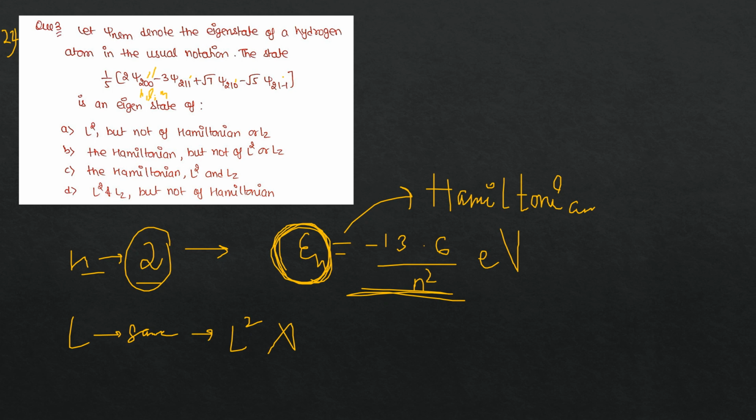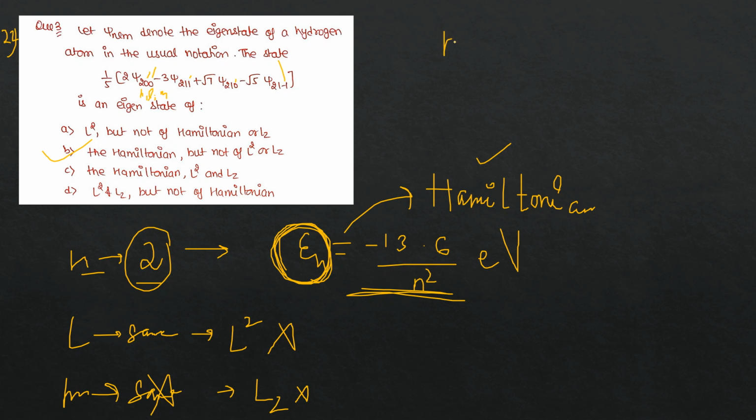So M value is also not same everywhere, so it's not an eigenstate of Lz. If M is same, it's an eigenstate of Lz, which is not correct. So you can see only one option is there: it's an eigenstate of only Hamiltonian. So the answer will be option B.